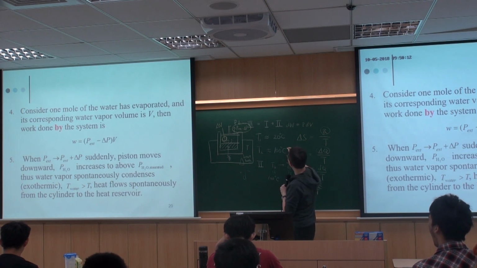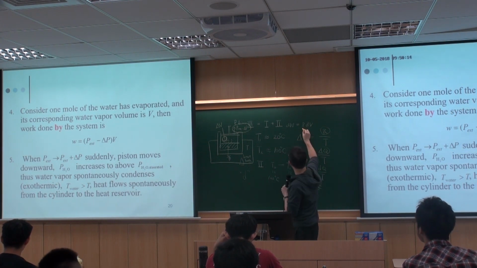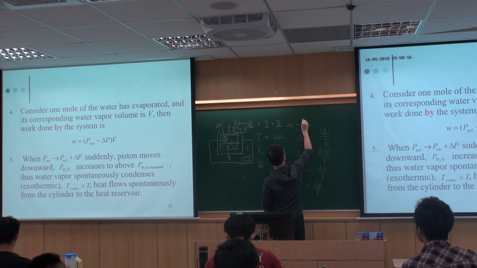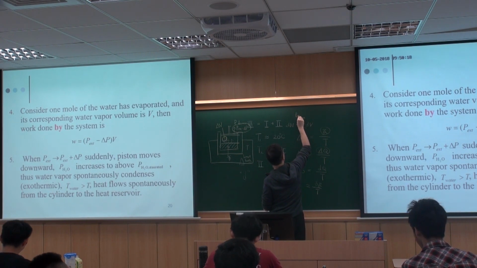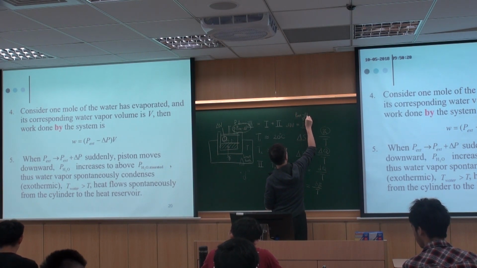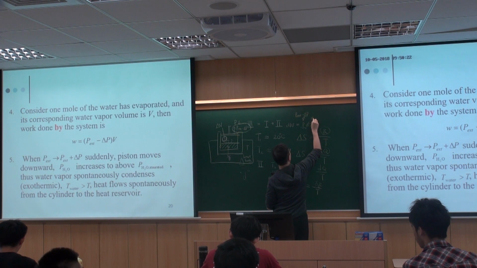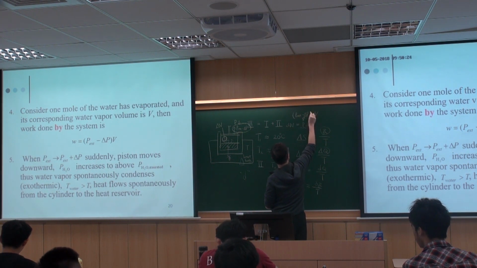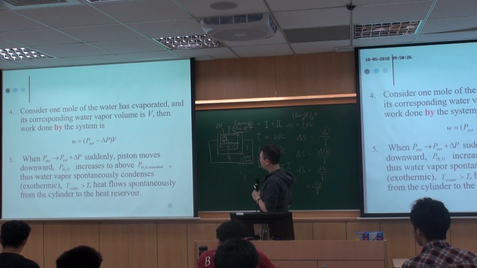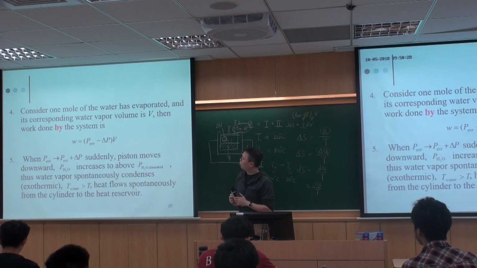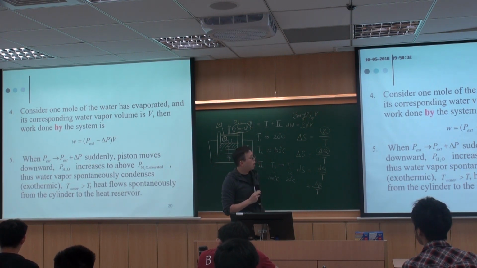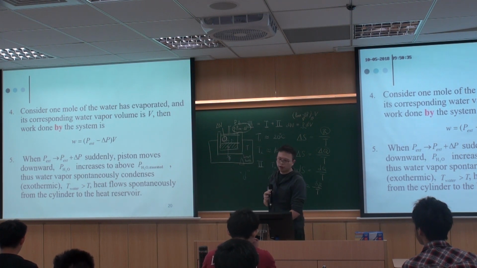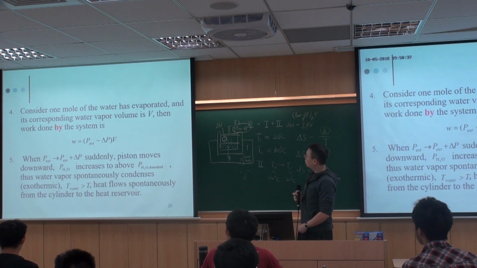So the total change of work is the pressure, and here it is actually the V states. So the V here, in fact, is the change of volume from the evaporation process.